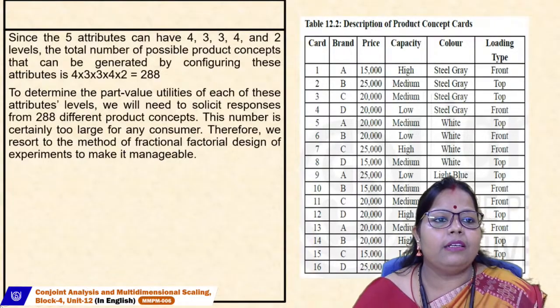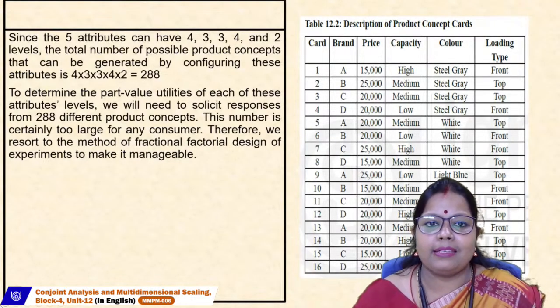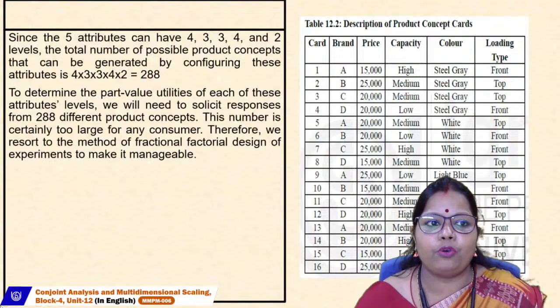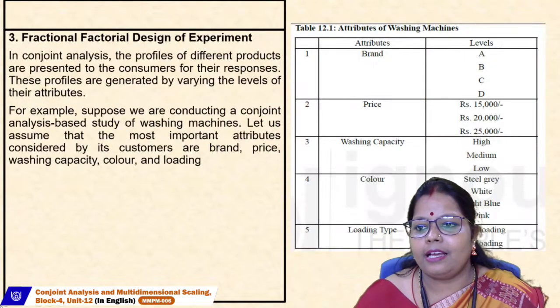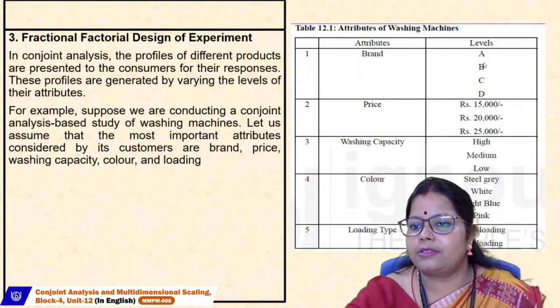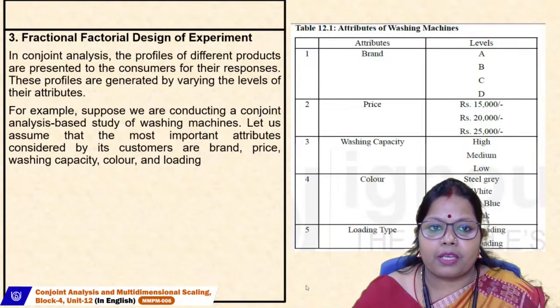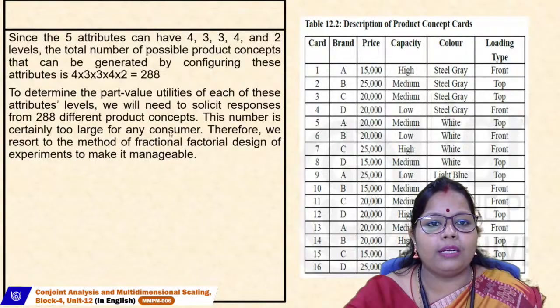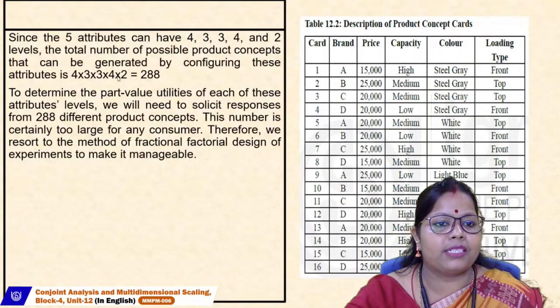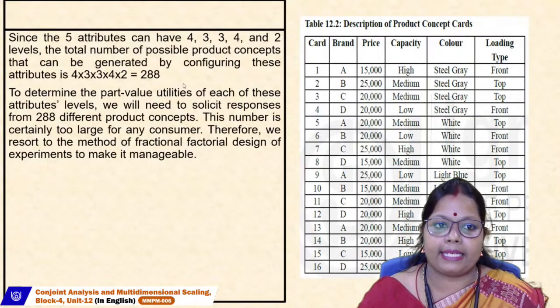So since we have five attributes with 4, 3, 3, 4, 2 levels, we multiply 4 into 3 into 3 into 4 into 2. So we have multiplied to get the total possible number of products that can be generated by configuring these attributes. It is equal to 288.